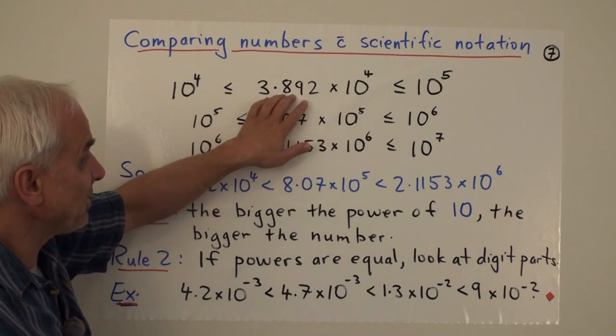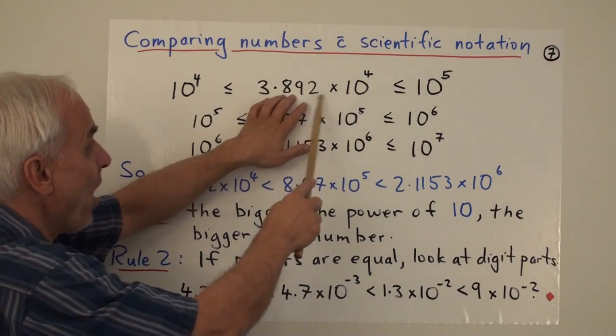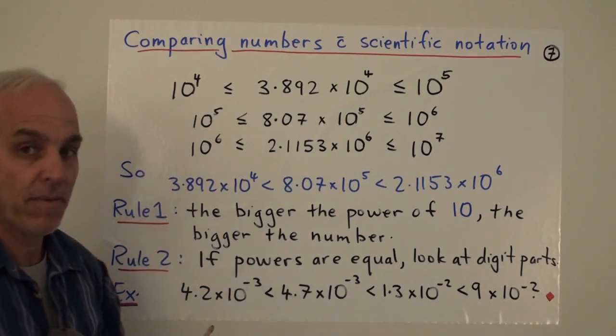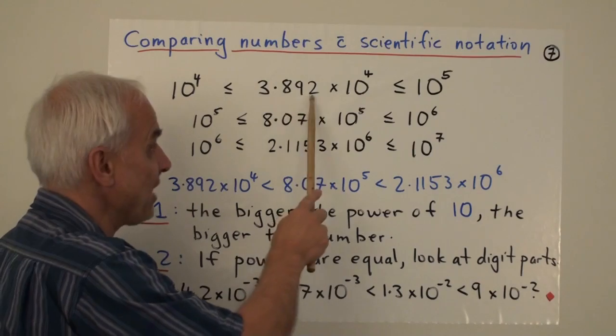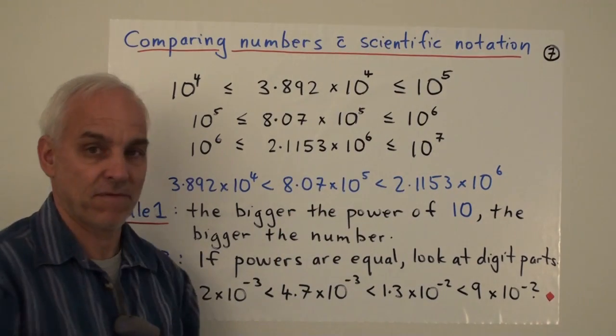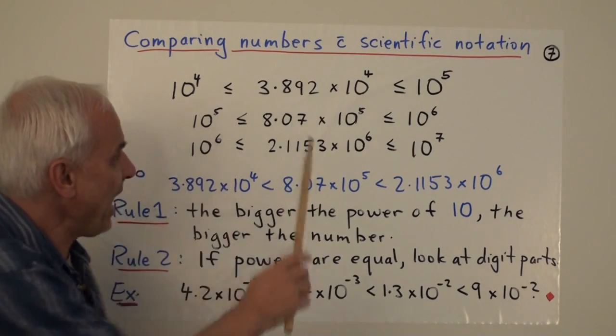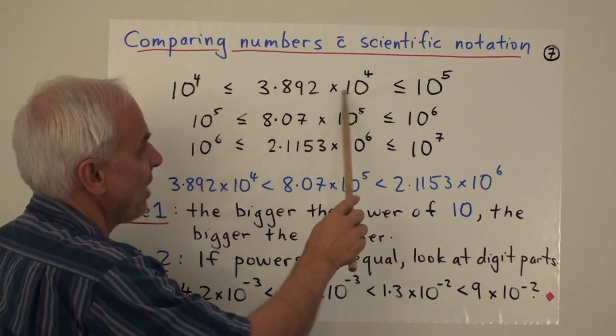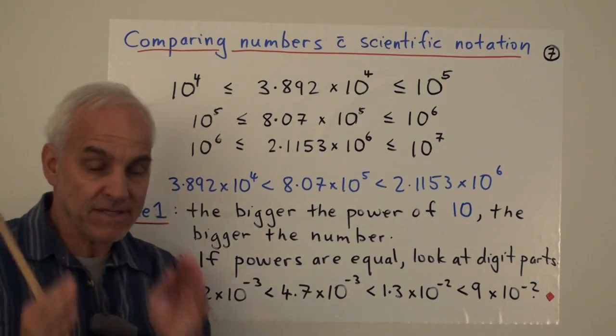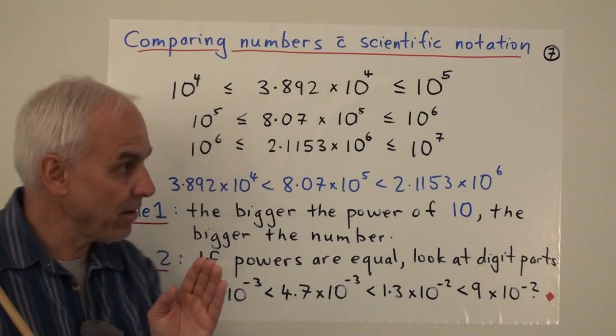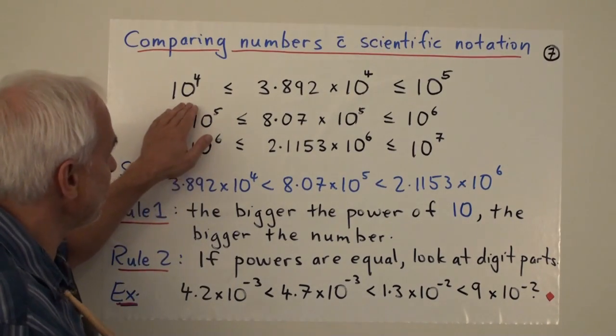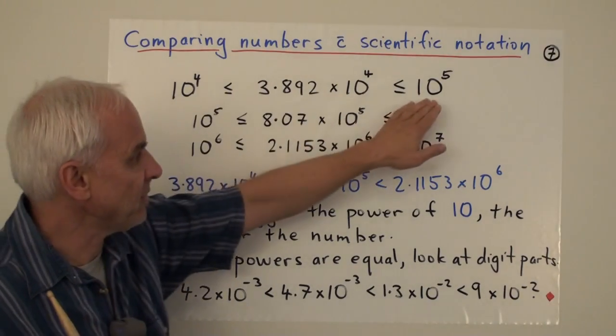So the smallest possibility is that we get 1 times 10 to the 4, which is 10 to the 4. And the biggest possibility is 10 times 10 to the 4th, or 10 to the 5th. So what we're saying is that any number of the form something times 10 to the 4, if it's in scientific notation, is between 10 to the 4 and 10 to the 5.